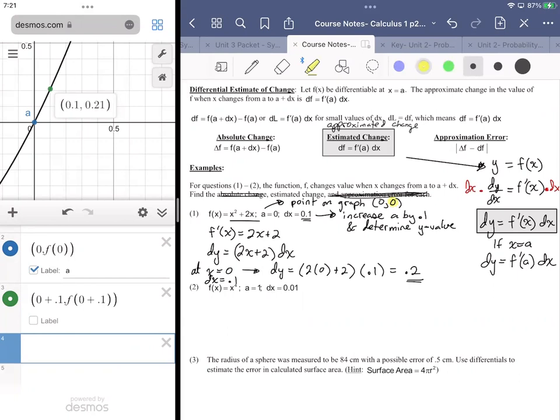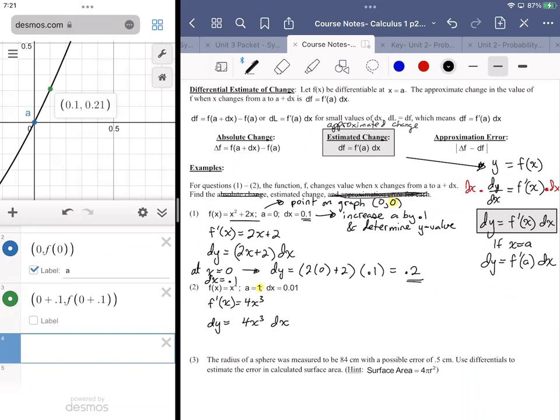All right, so in the next example, you see the a value is equal to 1, so it's a little bit different. So we would do the same process. f prime of x would be 4x to the third. So I would be looking at dy equal to 4x cubed dx. Now this is at the a value of 1 with the dx value of 0.01.